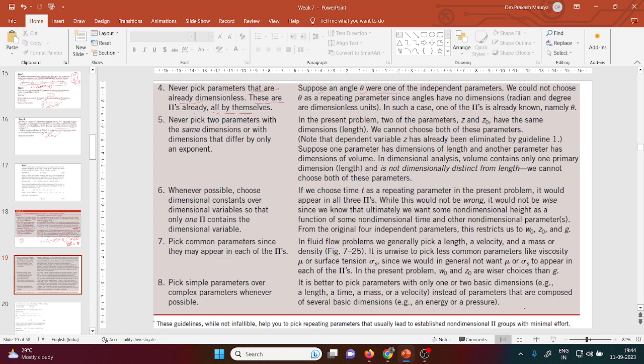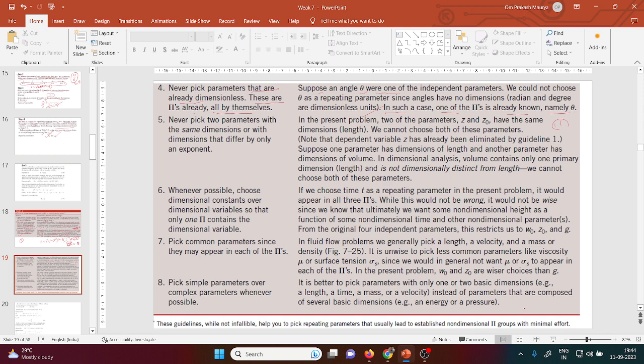We could not choose theta as a repeating parameter, since angle has no dimension. Radian and degree are dimensionless units. In such a case, one of the pi's is already known, namely theta. Basically, pi is dimensionless, so if theta is in your problem, that is one pi already. So you never choose theta.